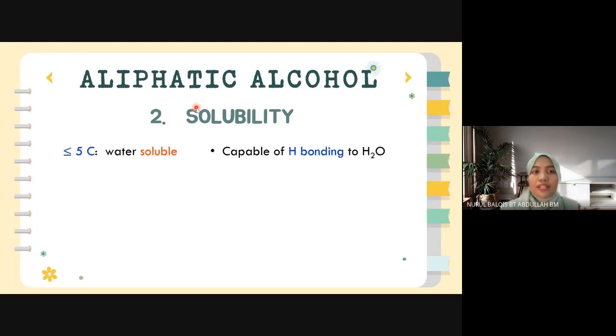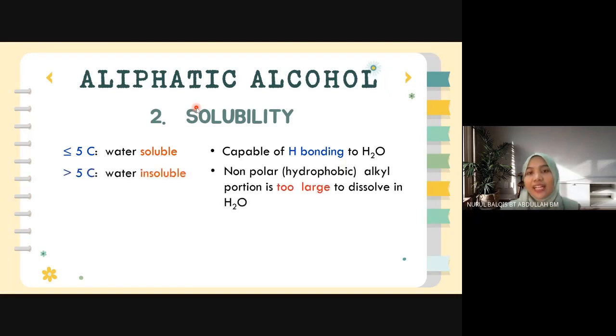Right, so if you have alcohol with carbon less than or equal to 5, okay, they are capable to form hydrogen bond with the water. But if you have more than that, okay, dia akan become slightly soluble, sebabnya size of your carbon lagi besar daripada your OH, so dia tak boleh nak menampung.